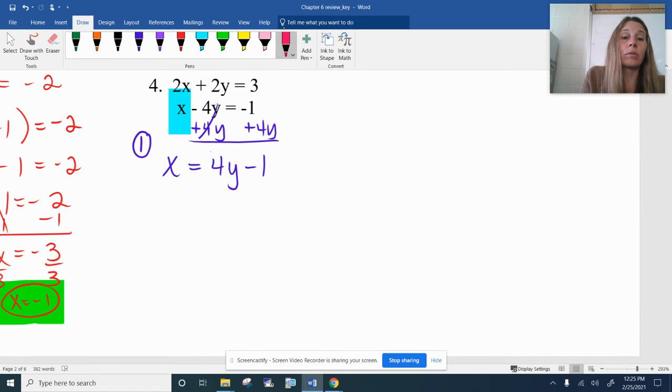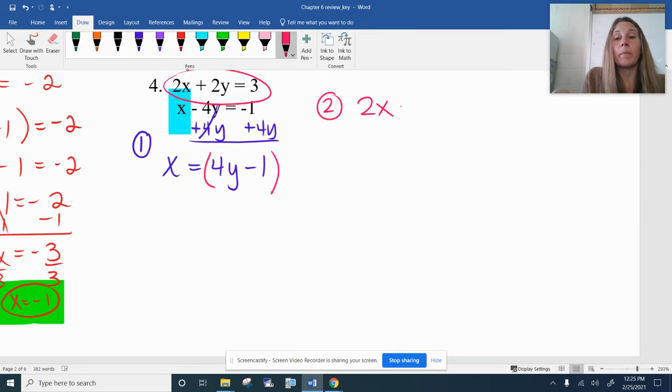Okay, so now I'm going to use for step 2 the other equation that I didn't do yet. And I'm going to take this 4y minus 1 and I'm going to put it in for the x.